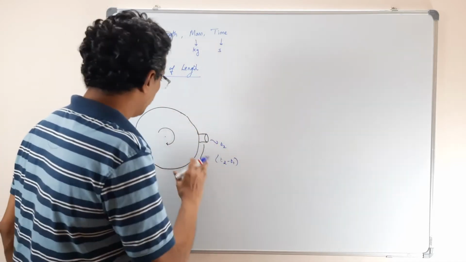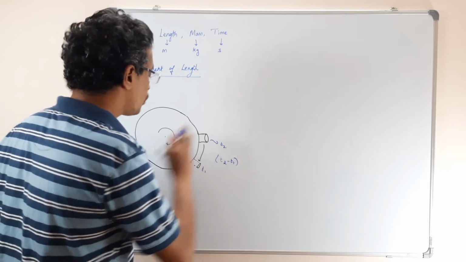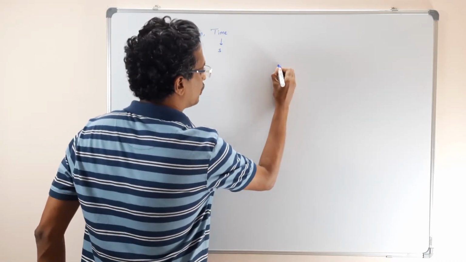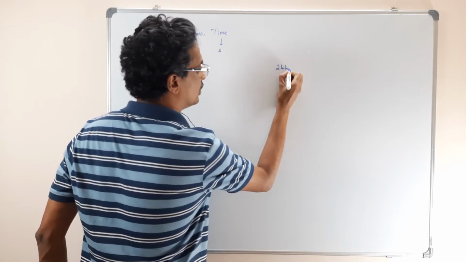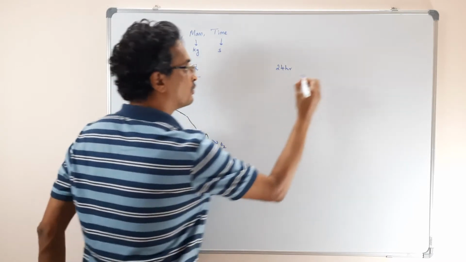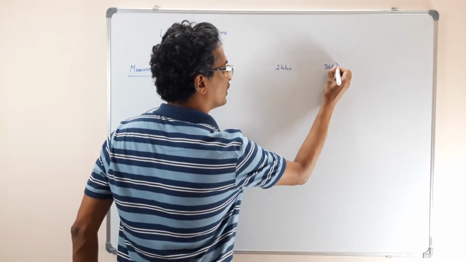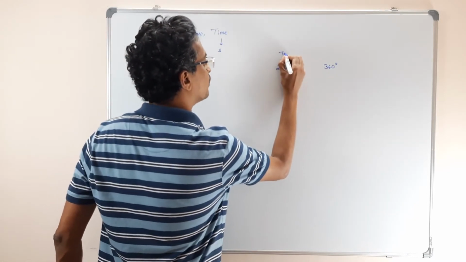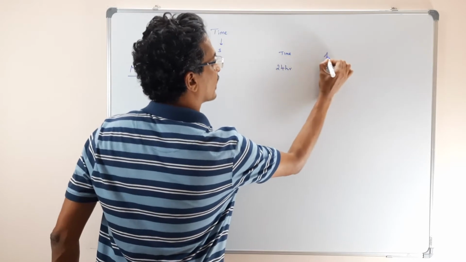So what he did is he wrote 24 hours, the Earth made a rotation of 360 degrees. So this is time and this is angle.